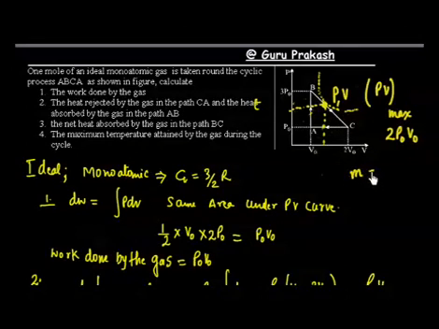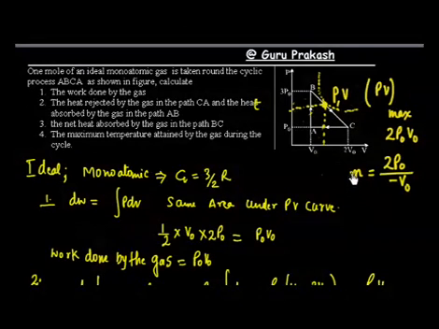You can say slope m is equal to y2 minus y1 divided by x2 minus x1. Here y2 is 3 P naught and y1 is P naught, so y2 minus y1 is 2 P naught. And x2 is V naught, x1 is 2 V naught, so this is minus V naught. So the slope is minus 2 P naught by V naught.